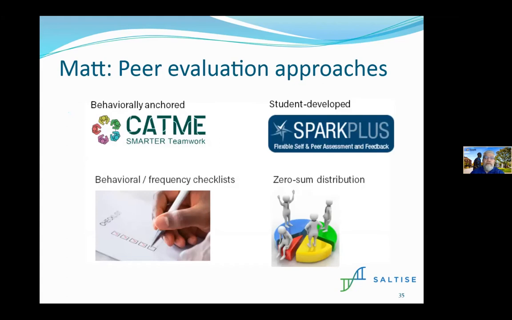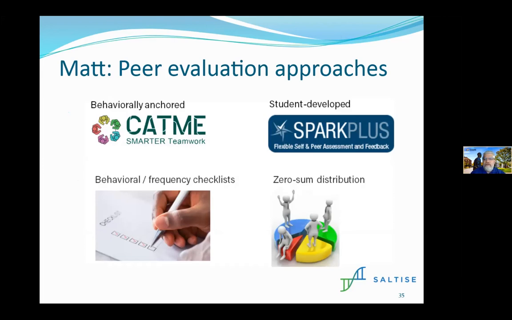So different people are probably aware of varying ways of doing peer evaluation. I'll be speaking more about the first one, which is CAPME. It's behaviorally anchored. So it has different levels of contribution on multiple dimensions and verbal descriptors of what those behaviors look like. Another one is Spark Plus.